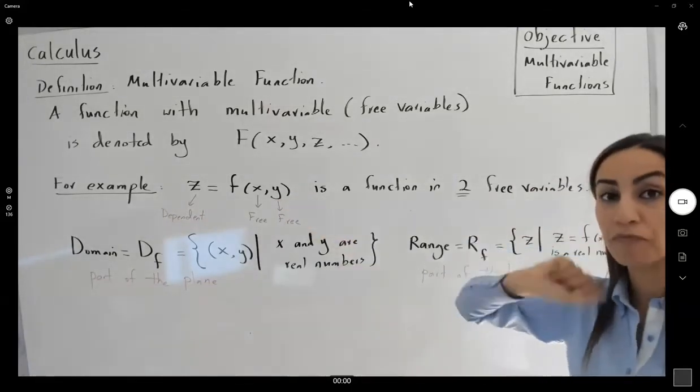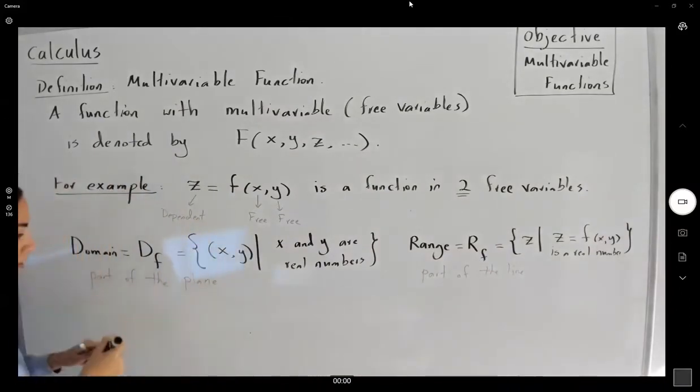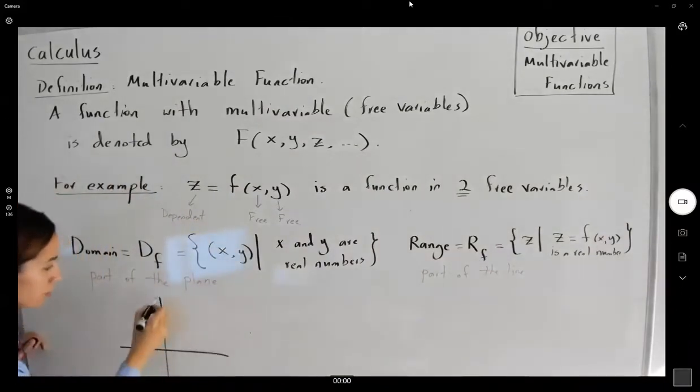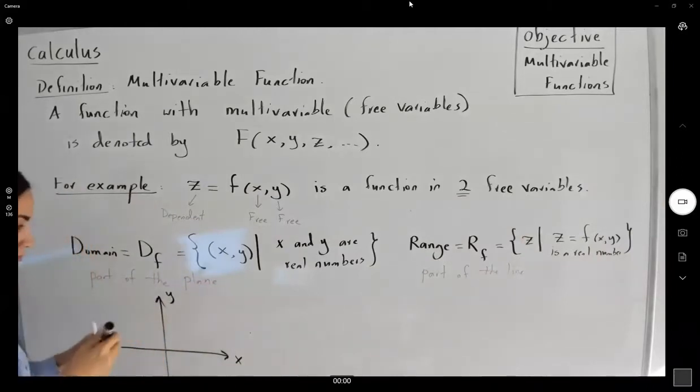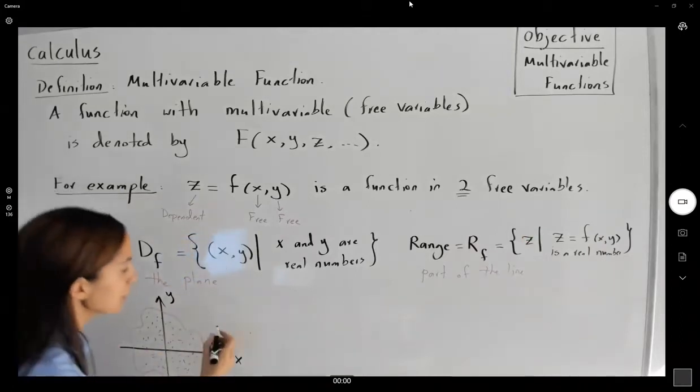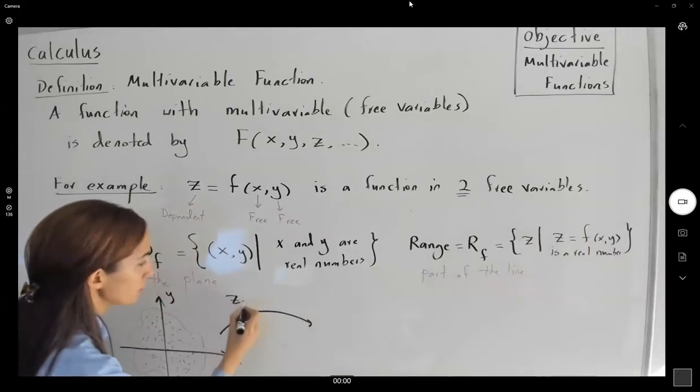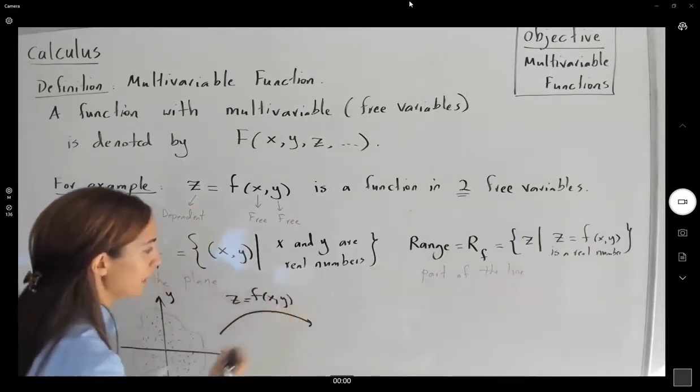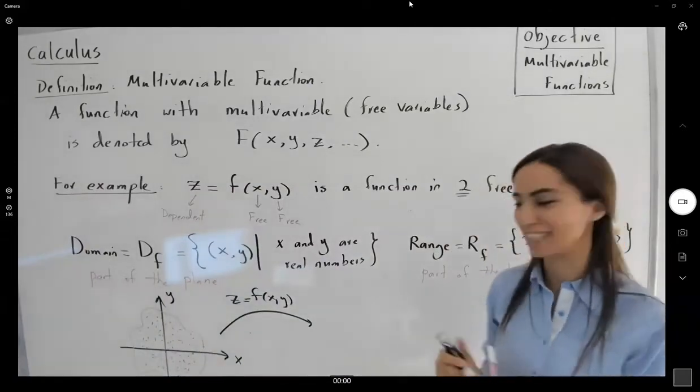This machine, this function, takes points in the plane, Cartesian plane, these ordered points there. This machine, this algorithm, this function, whatever it is, it takes these points in the plane and maps them, z equals f of x and y, to the z-axis, the line.